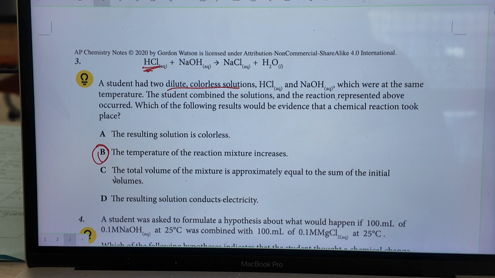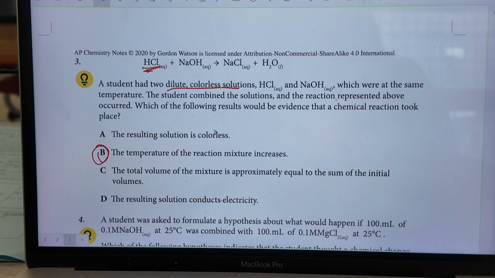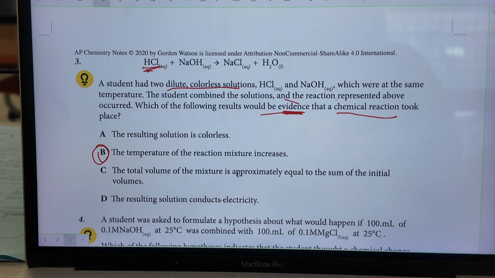Now it couldn't be A because the resulting solution being colorless isn't evidence, because they can stay colorless even if nothing happens. That's not evidence that a chemical reaction took place, right? For C, the total volume is equal to the sum of the volumes, and that means that nothing happened, right?